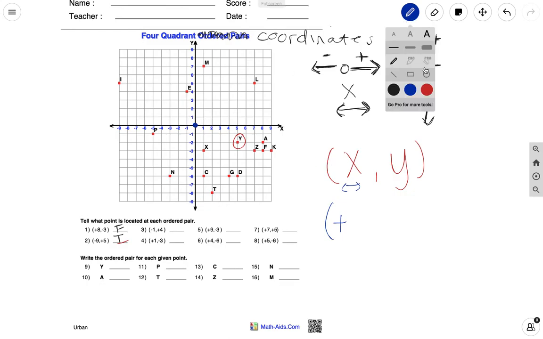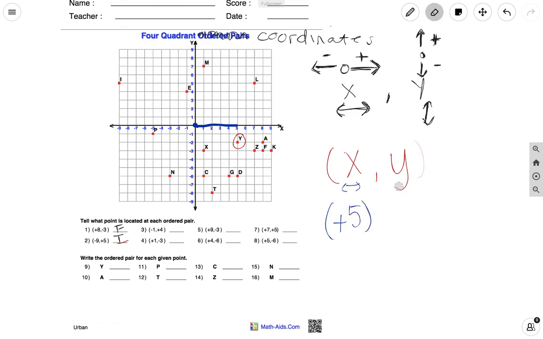Let's go over and see how many spaces we have to go before we're close to Y. We went over 1, 2, 3, 4, 5 spots. Notice the Y is very close to us. If we would have gone too much further, we would have been getting further away from the Y. So we're at positive 5. That's our first number, comma, Y.